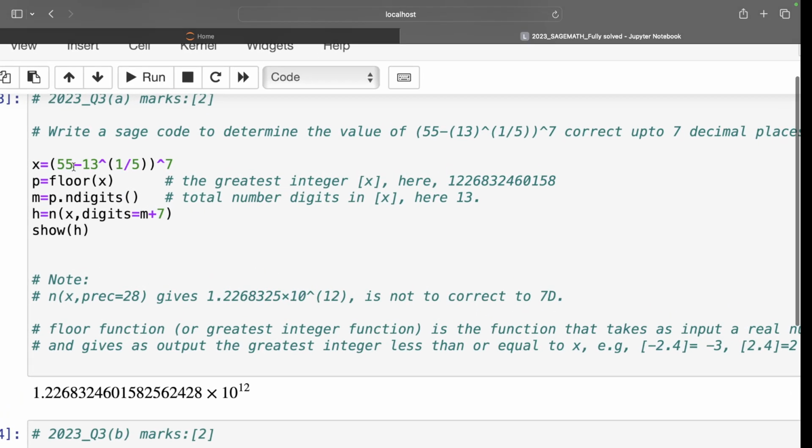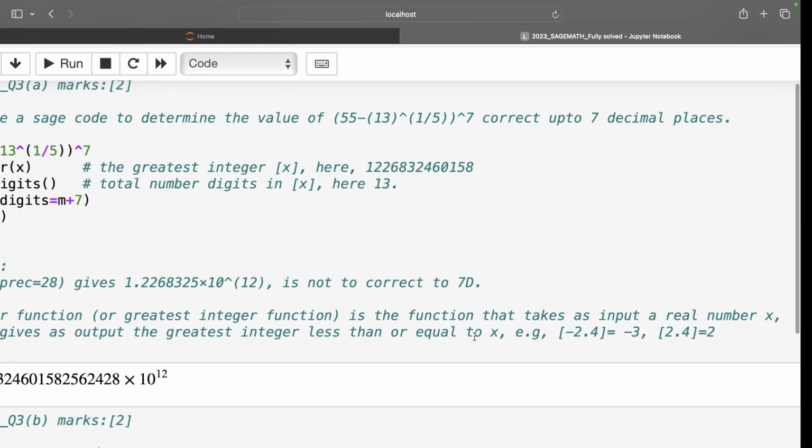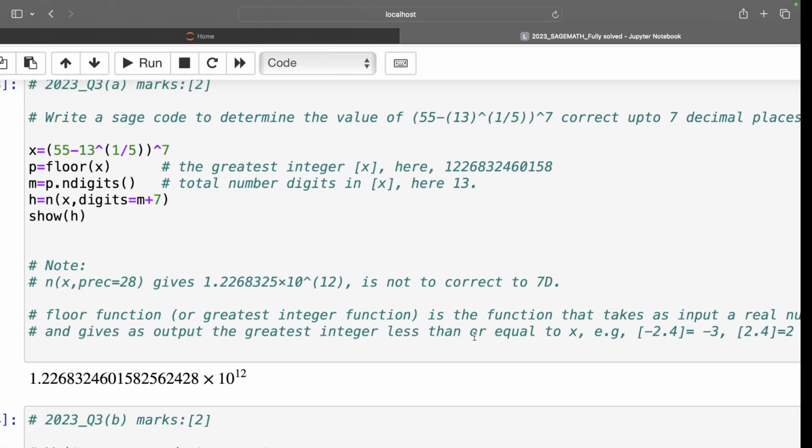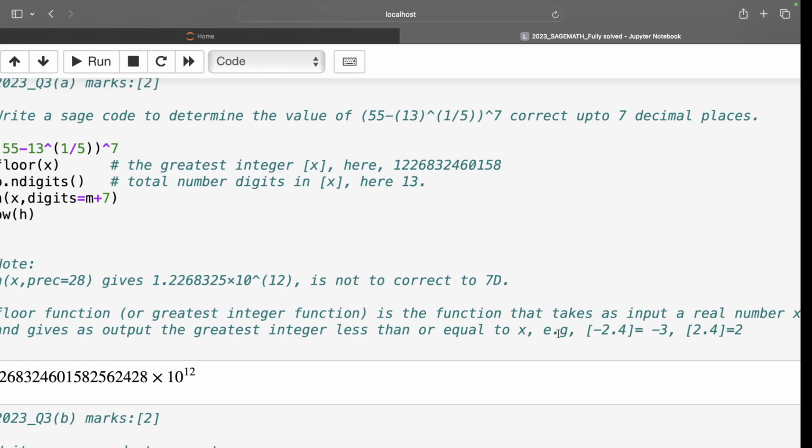The floor function takes as input a real number x and gives as output the greatest integer less than or equal to x. Example: floor of -2.4 gives -3, floor of 2.4 equal to 2.